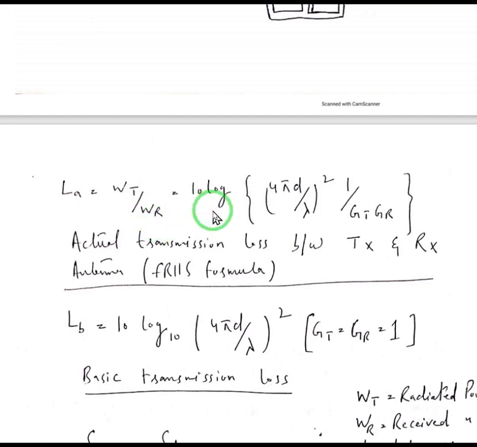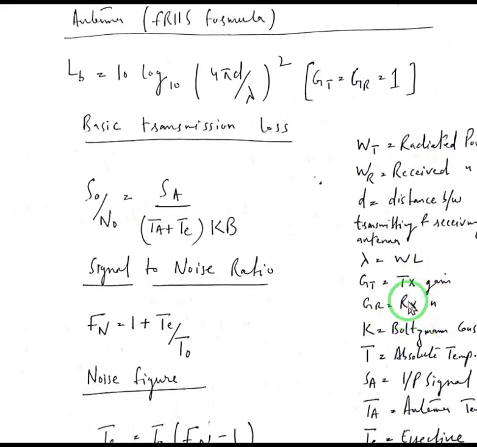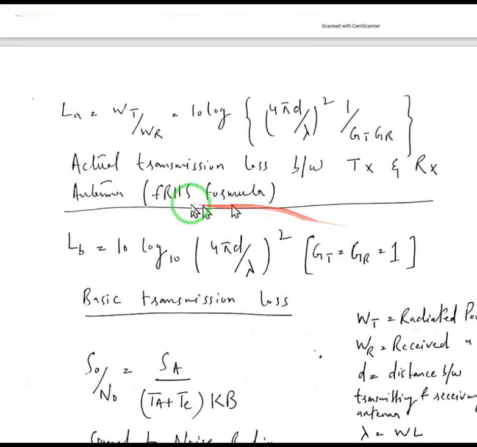The mathematical value for actual transmission loss is 10 log (4πd over λ) squared, multiplied by 1 over GT GR, calculated in dB. 4πd over λ is the constant. GT and GR are defined as the transmission gain and receive gain, and that is the equation for actual transmission loss.